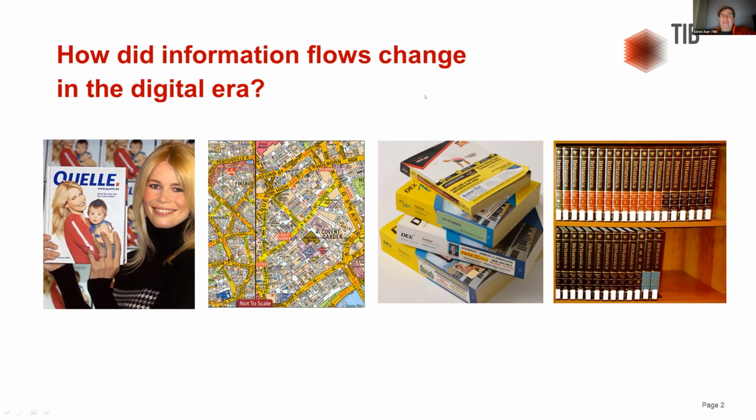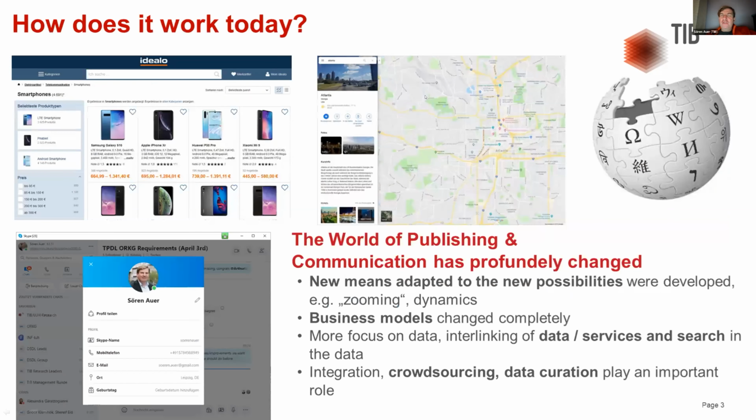And how did it change? We now use digital services. We use, for example, eBay or Amazon or Idealo for e-commerce. We use Google Maps or OpenStreetMap or navigation systems for navigation. We use Wikipedia as an encyclopedia, and so on and so forth.